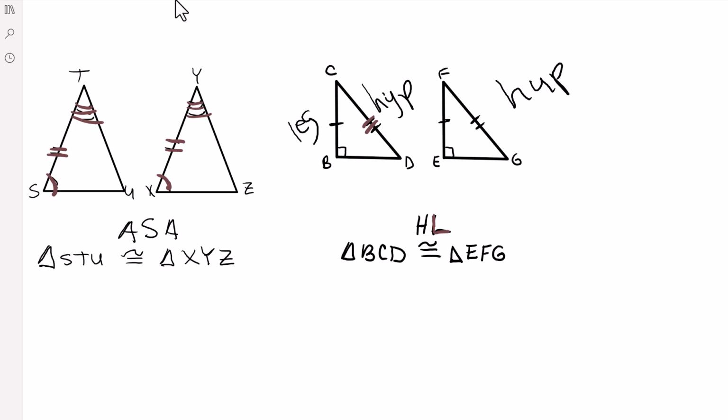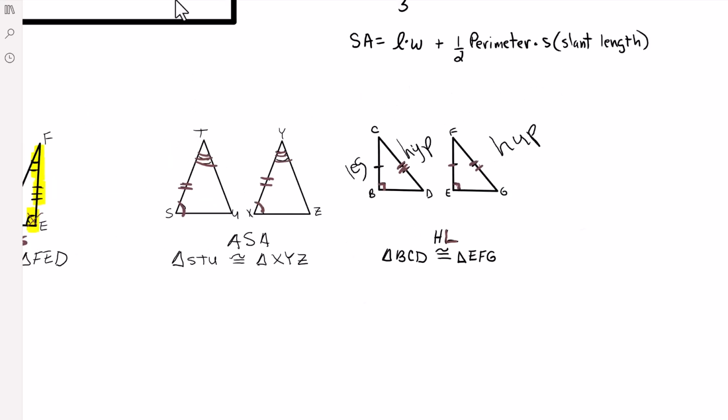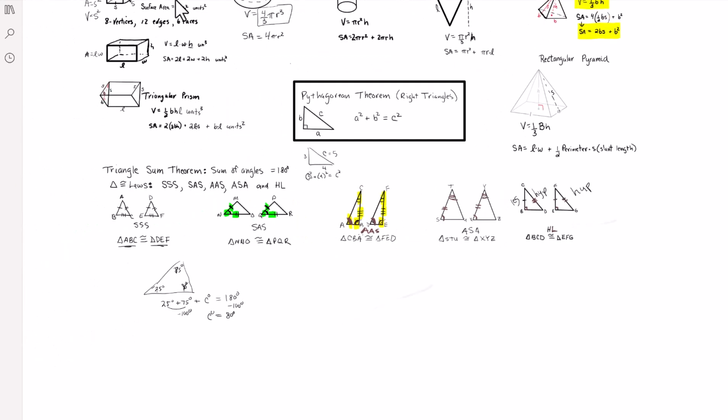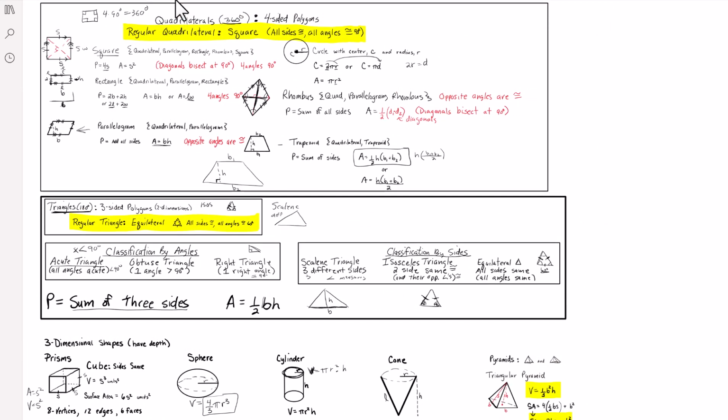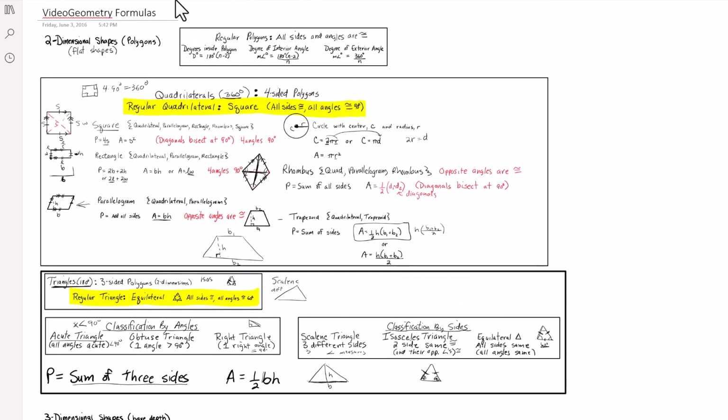So if two triangles, their hypotenuses are the same, and they're both right triangles, and then one of the other legs, so you've got a hypotenuse and a leg, a hypotenuse and a leg, and the right angle, because notice that side, side, angle, or angle, side, side, it only works for right triangles, and we now call it hypotenuse leg. All right, this is 18 minutes, this is way too long, so I'm going to end that. But this is kind of just, in a nutshell, a quick review of geometry.